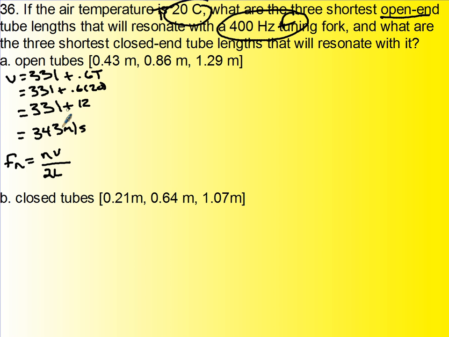All right, so f_n is nv over 2L. So now I need to solve this for L. To do that, I'm going to multiply through by 2L. So I have 2L f_n is nv.